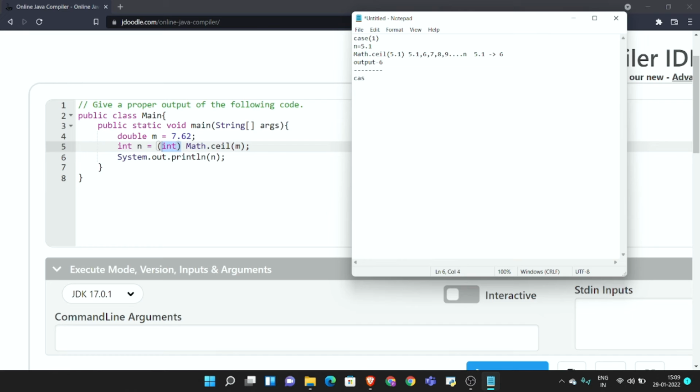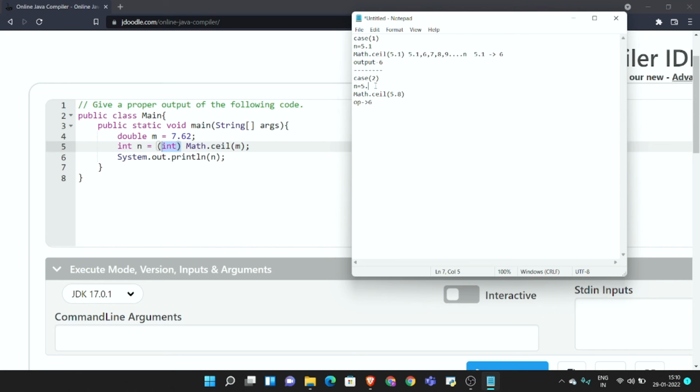In the second case, I would like to take a number n that would be equal to 5.8. So if I write the command math.ceil of 5.8, what output am I going to get? Just think about what I have said. If we write a command, we would get the integer which is after 5.8. So what is the integer that is after 5.8? That is 6, right? So again we're going to get the integer 6 here.